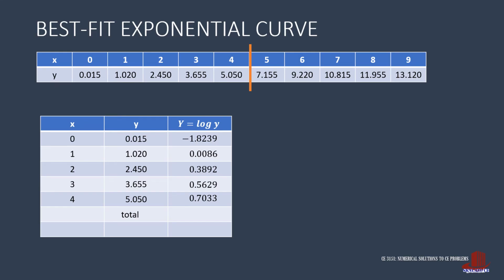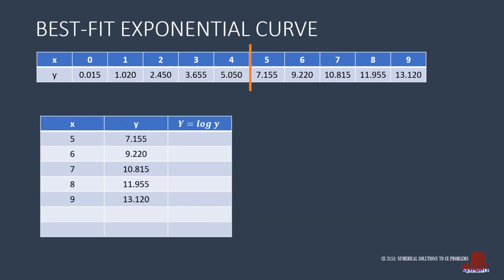Remember that what we needed are x and capital Y. So total x is 10, and the summation of capital Y is negative 0.16. Their averages are 2 for x and negative 0.032 for capital Y. Thus, the function from table 1 is negative 0.032 equal to 2a plus b.